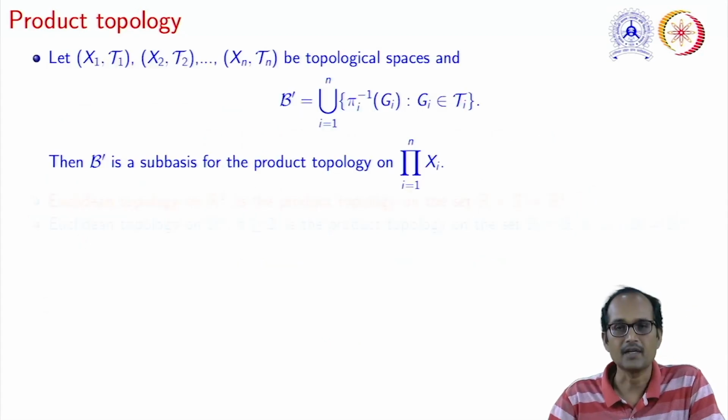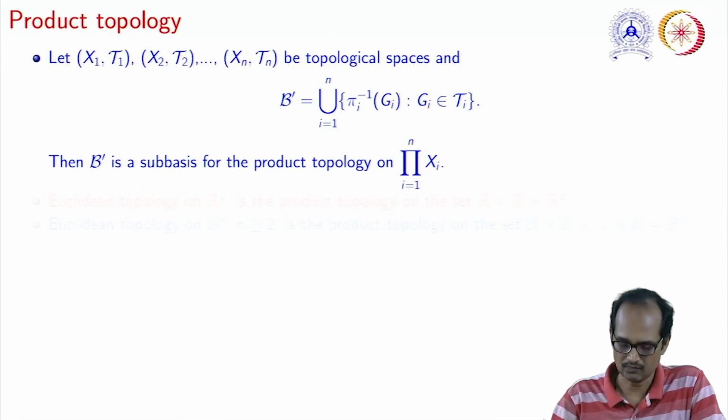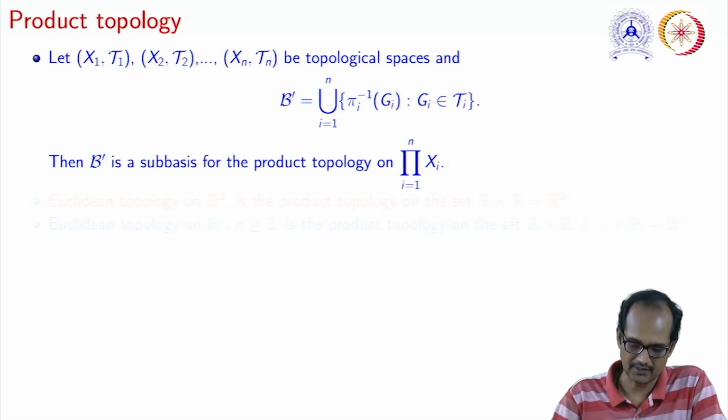Again, we can give the subbasis characterization for the product topology on this product of n sets. If we are having n topological spaces, then this collection B dash, which is the union of pi i inverse Gi, where Gi belongs to tau i, is a subbasis for the product topology on the Cartesian product of X1, X2 up to Xn.